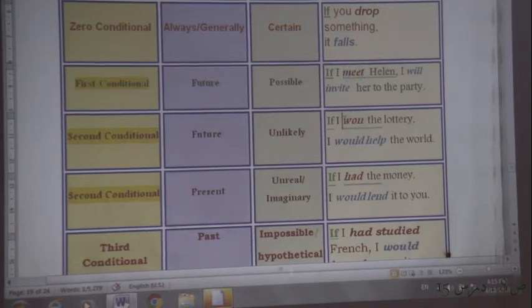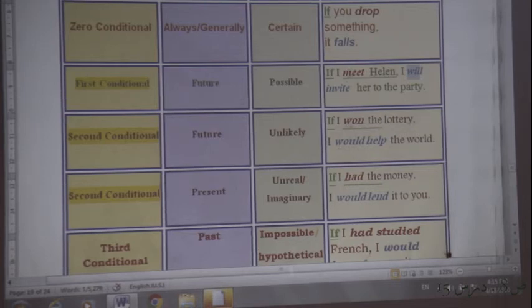Here I need the past simple, the second form. So if I won the lottery, I would help. But don't forget to use will with the first form, and would with the second form, namely the past simple. So if I won the lottery, I would help the world.